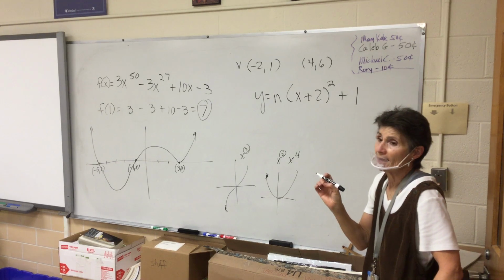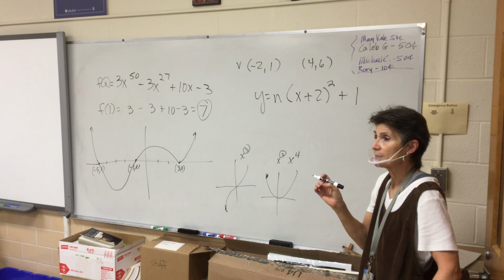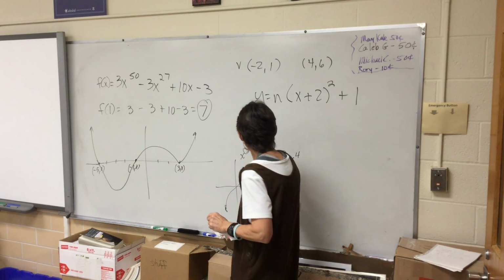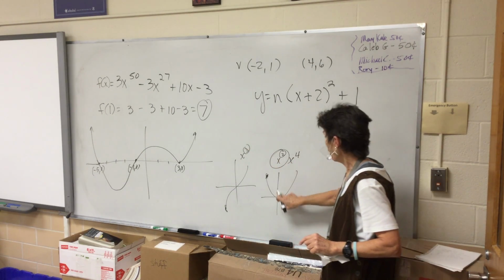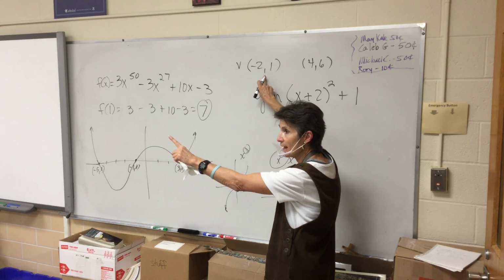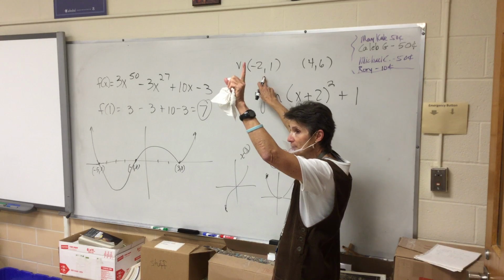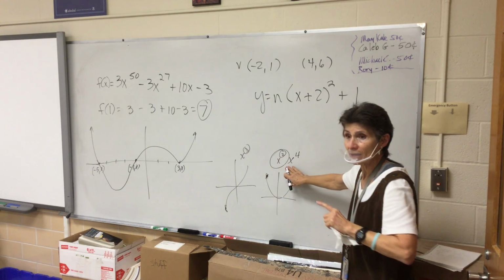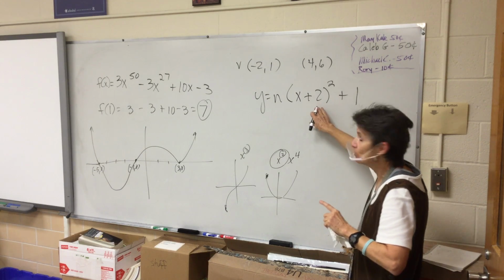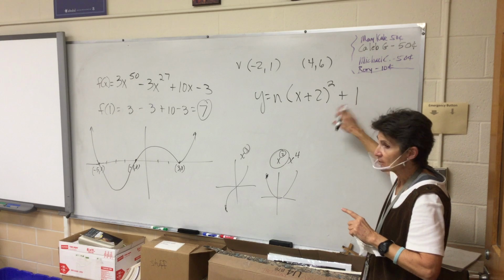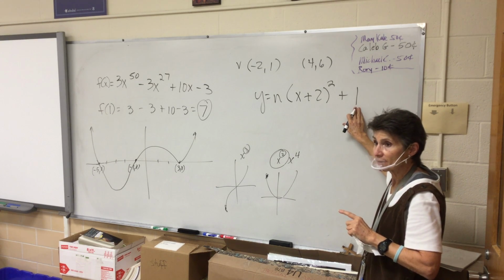Look at that vertex and understand that your parabola, quadratic parabola, has been shifted off the origin and it's moved 2 units left and 1 unit up. That's what this means. So you take your x squared equation and you move it 2 units left and 1 unit up. That's old news.